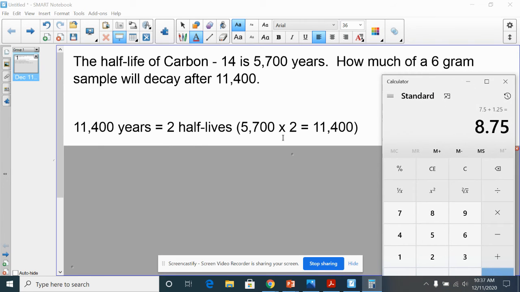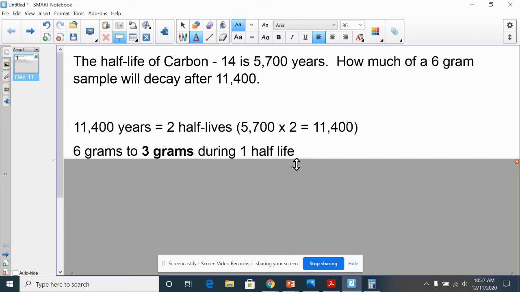All right? Secondly, that does not answer our question. That just tells us that this carbon-14 has gone through 2 half-lives. We need to figure out how much of a 6-gram sample will decay after this period of time, 11,400 years. In order to solve that, we have to do 2 more steps.